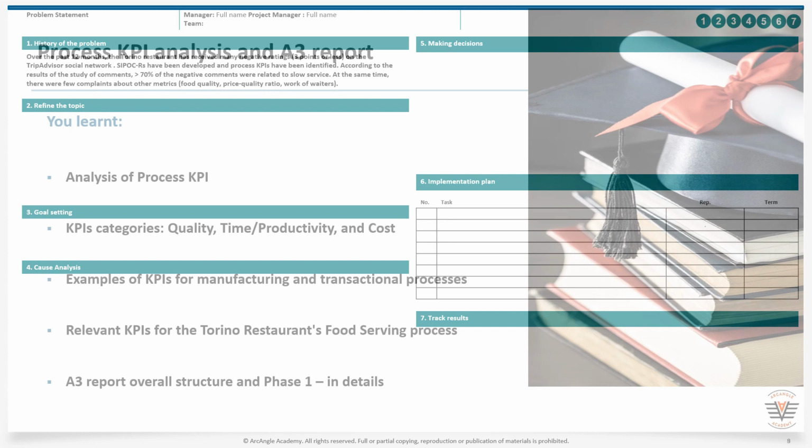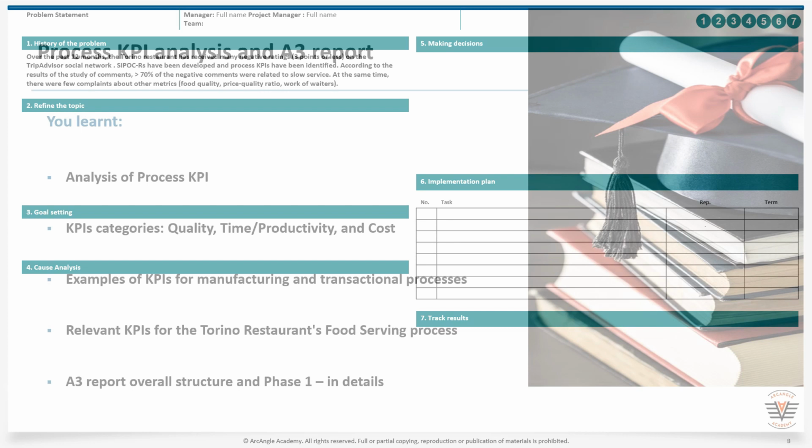Through an examination of customer comments, it was found that over 70% of the negative feedback was related to slow service. This highlights the critical importance of addressing the issue of service speed and efficiency. Interestingly, there were relatively few complaints about other metrics such as food quality, price-quality ratio, or the waitstaff's performance.